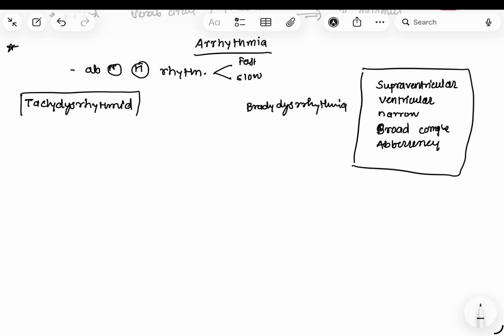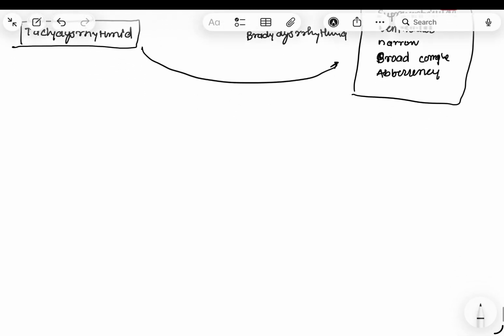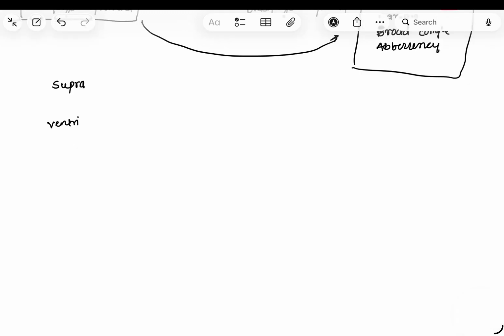We will focus mainly on tachyarrhythmias in terms of these terminologies. Tachyarrhythmias are divided into two parts, that is supraventricular and ventricular. Before understanding what supraventricular and ventricular tachyarrhythmia are, first we will revise a few basic things.